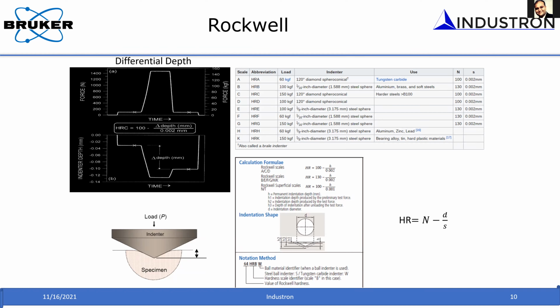And if you know the load and you know the characteristic size that you measured, either the size of the contact or the depth of penetration, using this combination, you can come up with a number. That is what is called the hardness number. It could be a Brinell or a Vickers or a Rockwell. This is what happens with macroscale mechanical testing.